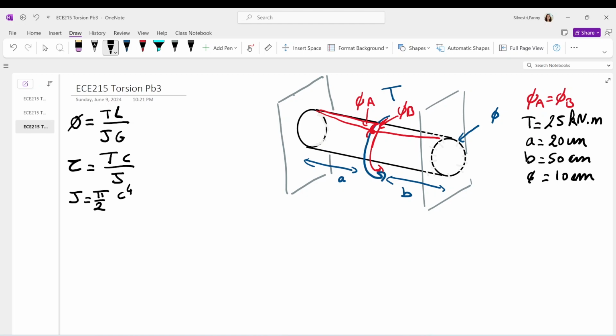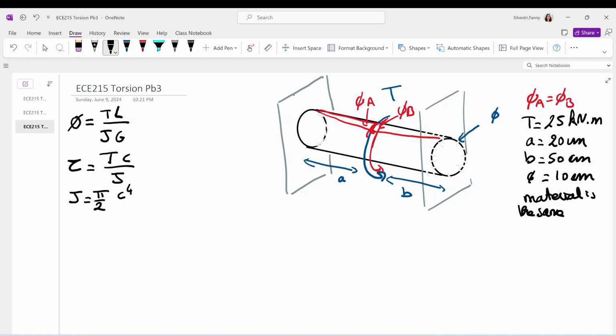So it's a bit longer than it looks. We also know that the material is the same, so G is the same for the bar all the way. Let's say it's just one long bar. So we have all of that.